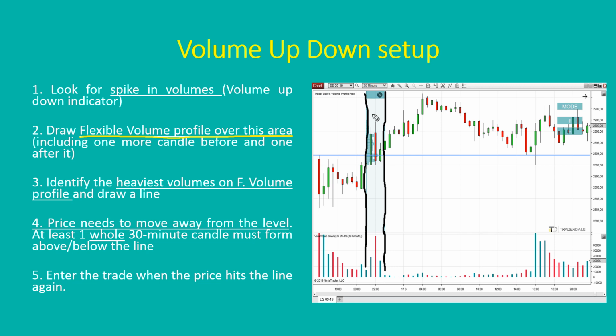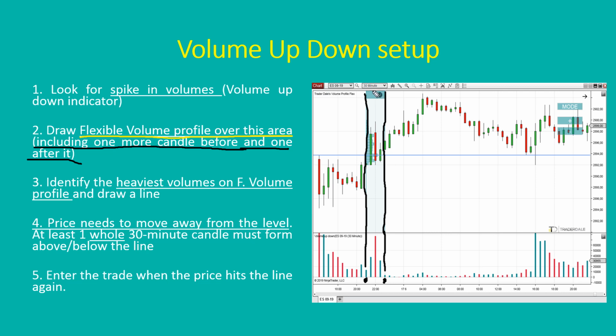The profile will include also those two volume bars, including one more candle before, and one after it.